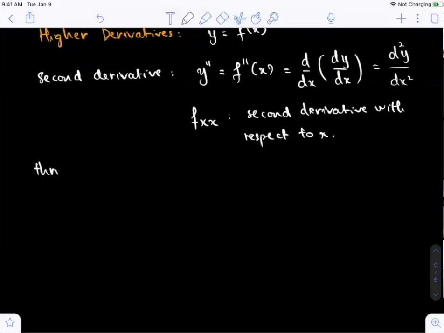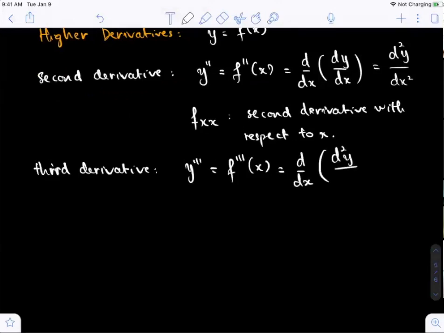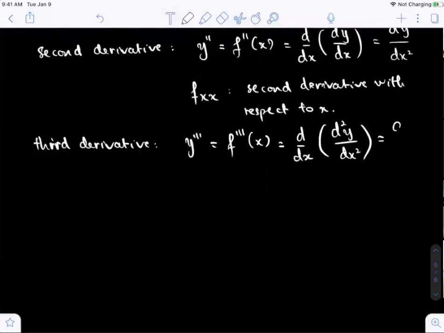For the third derivative, you have y triple prime equal to f triple prime of x, or d/dx of d squared y over dx squared. You apply another differentiation operation on the second derivative, and you get d cubed y over dx cubed. That is the third derivative.